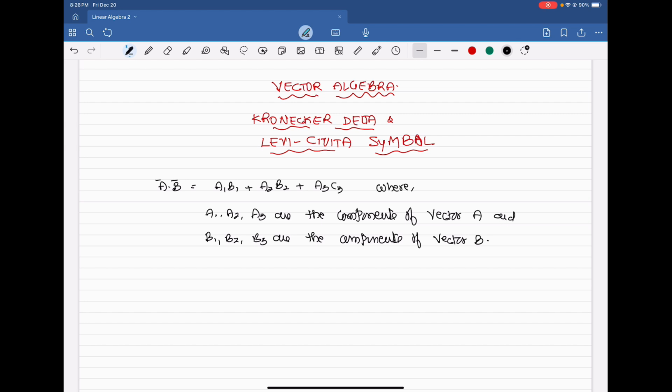For the benefit of everybody, I will give a simple brief on vector representation.